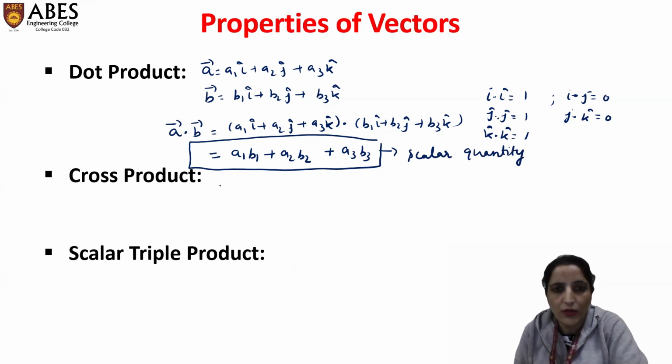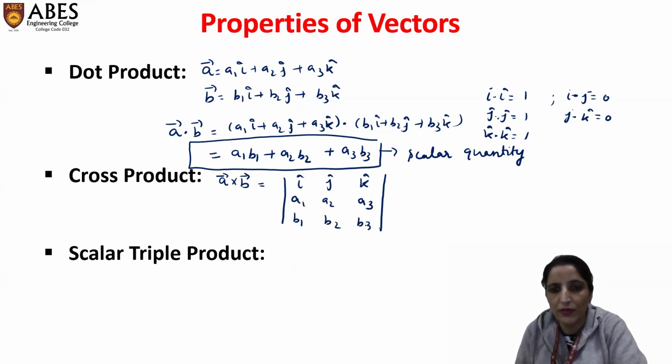Now consider the cross product. It is denoted as A cross B, and its value is evaluated by expanding the determinant with i, j, k. Then the components of A vector are filled in the second row and the components of B vector are filled in the third row.